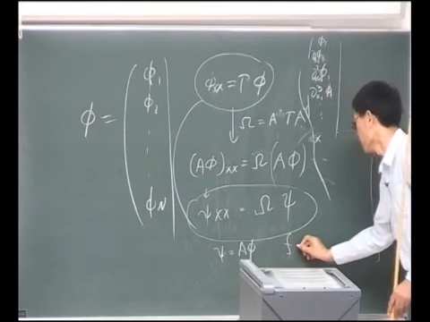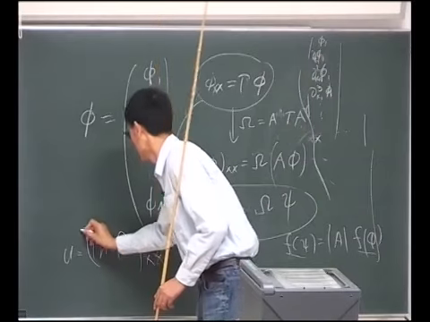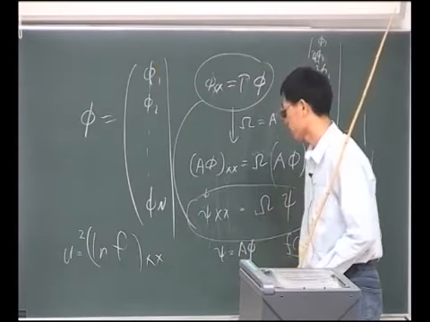But phi and psi are related, and in Wronski we just have psi equal to a determinant times phi. So these are the relations.